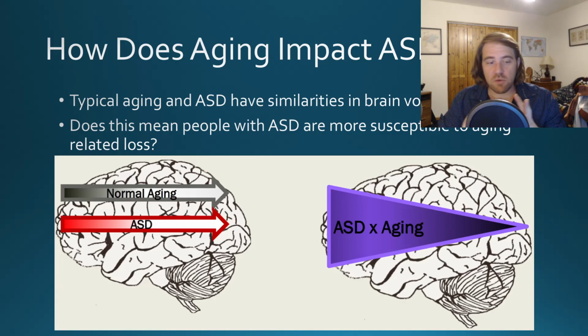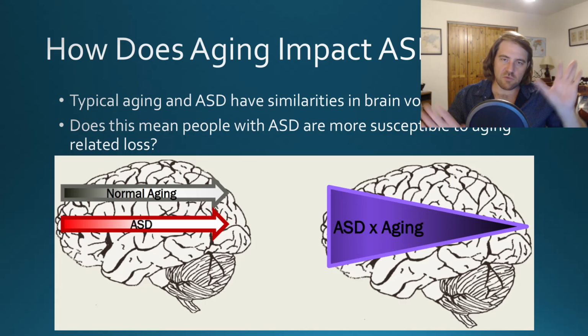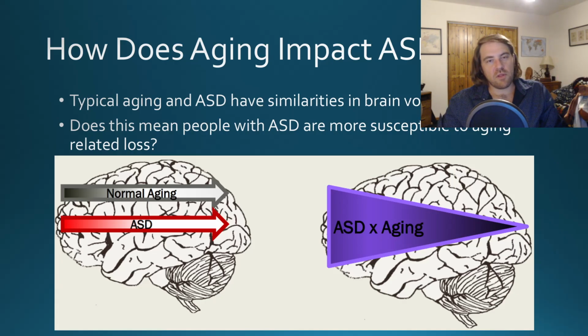Essentially what we want to know is, is it like the brain on the left, where you have normal aging and there's ASD and they do their own things and don't really interact? Or do we see brains more like on the right, where you have aging and that's exacerbated by the effects of ASD, and they work together to increase the deficits that we see in both cases alone?